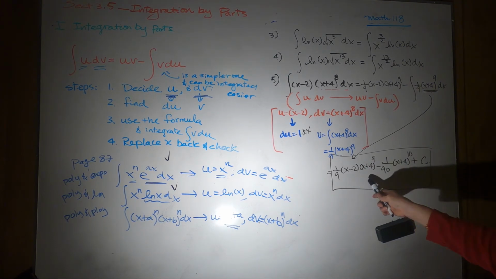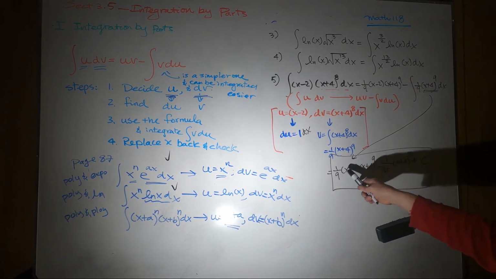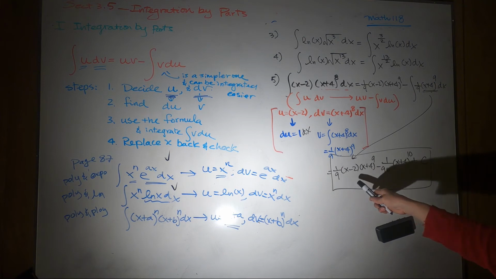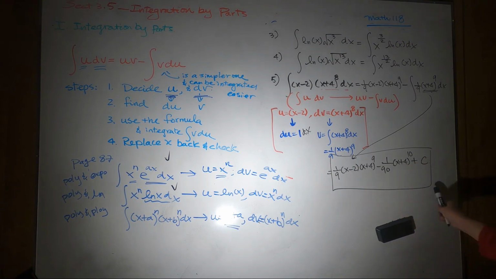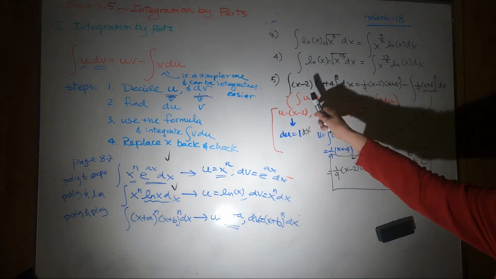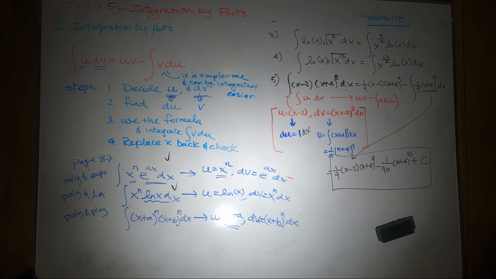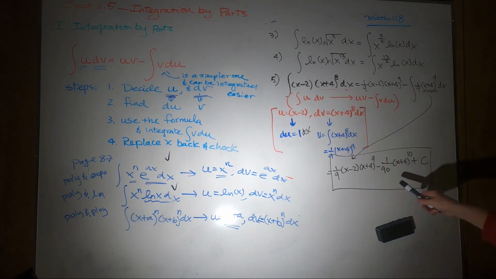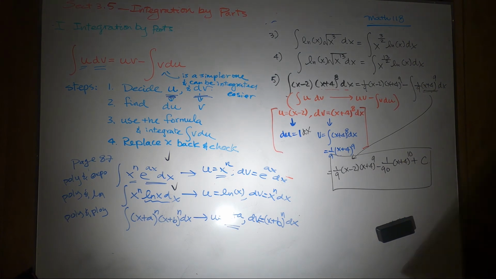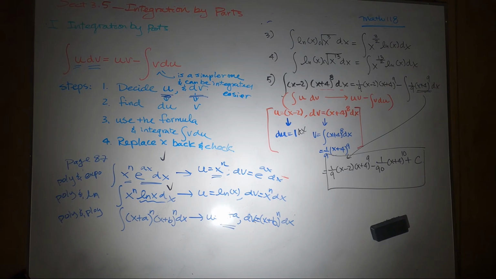You use the product rule to do this, and use the power rule to take a derivative of this. When you combine them, you will have this as the derivative. Then you take an antiderivative for this, and that will be your original function. Okay?